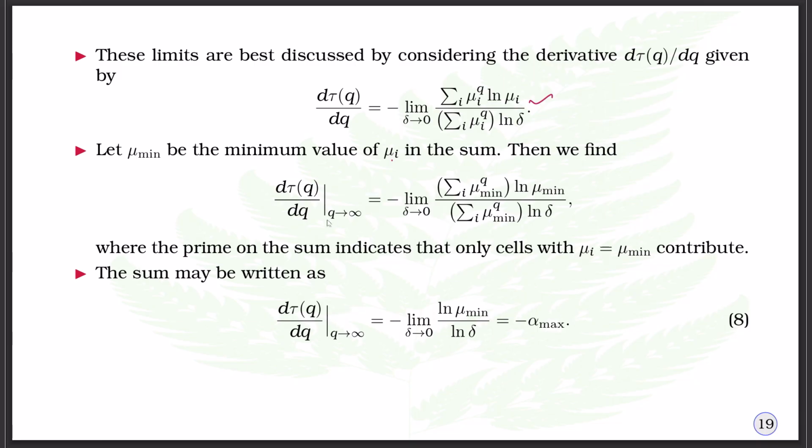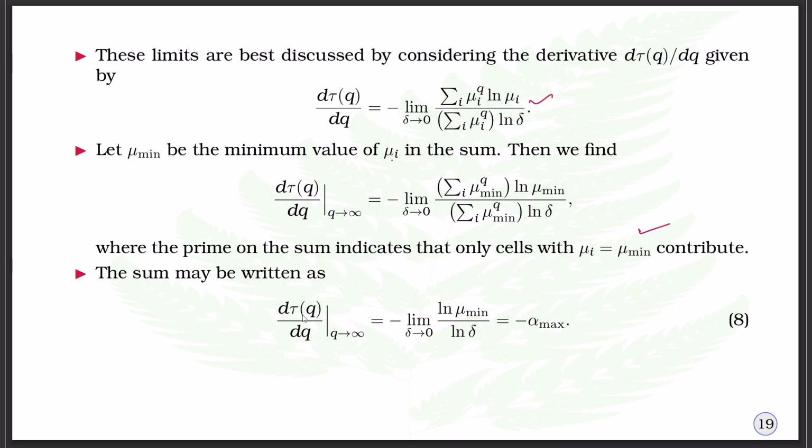Then we find, when q tends to infinity, that d tau/dq is minus the limit as delta tends to 0 of the sum of mu_minimum^q over the sum of mu_minimum^q times ln(mu_minimum) by ln(delta), where the prime on the sum indicates that only cells with mu_i equal to mu_minimum contribute.